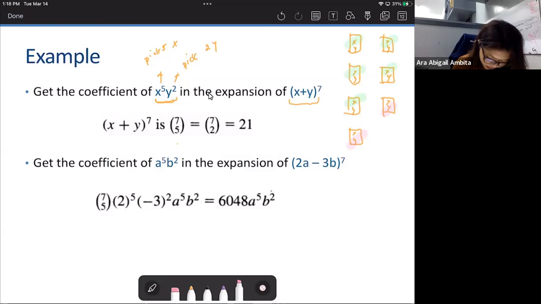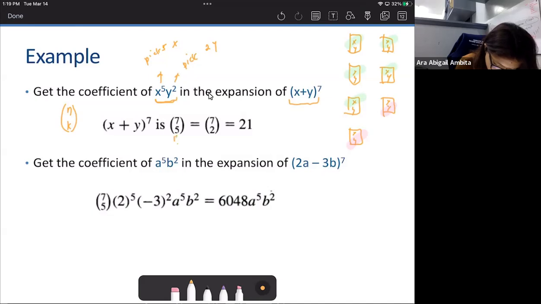Okay, so paano natin gagawin yan? So we could make use of the binomial theorem. Okay, so for the coefficient, we have mentioned before that we can make use of n taken k. So we have 7 boxes, and then we are going to select 5 x's, and this is also equivalent to 7 taken 2, right?